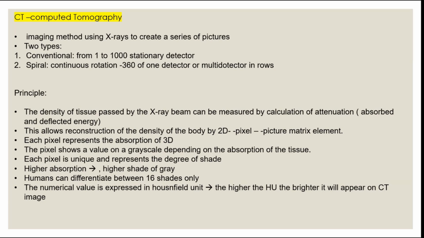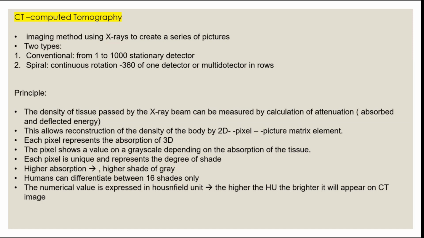So how is the picture created? CT, as I said, I explained how the beam and all the physical things that occur in X-ray, it's the same in CT, but the one difference is how the picture is reconstructed. CT is also based on density.